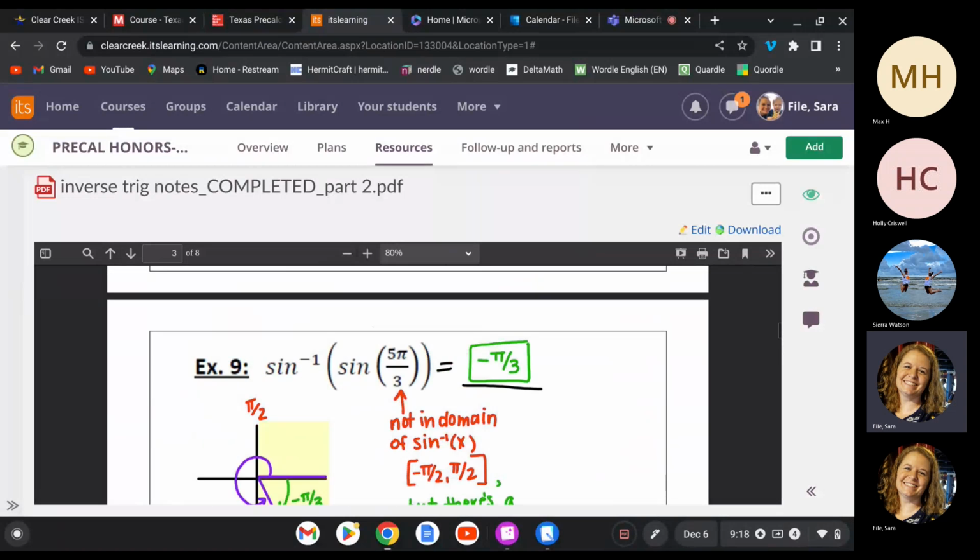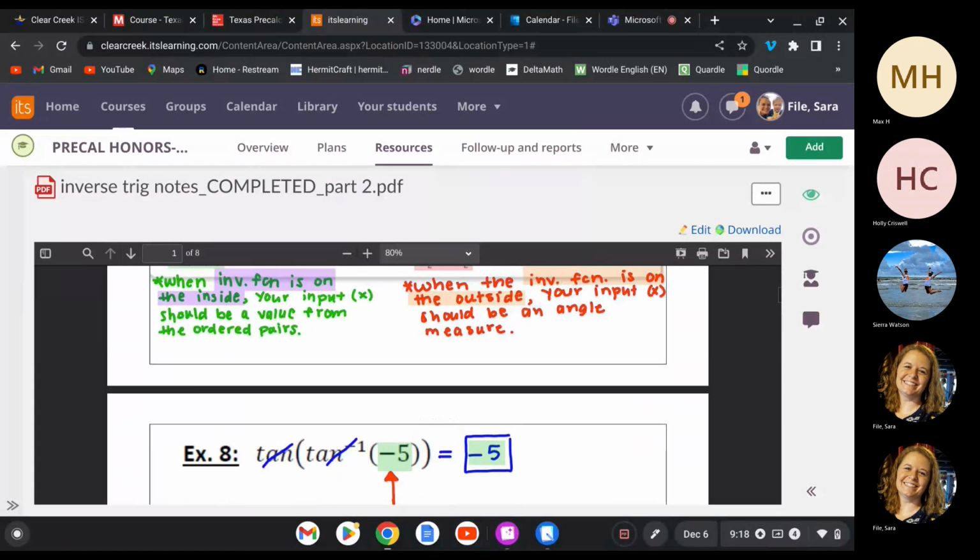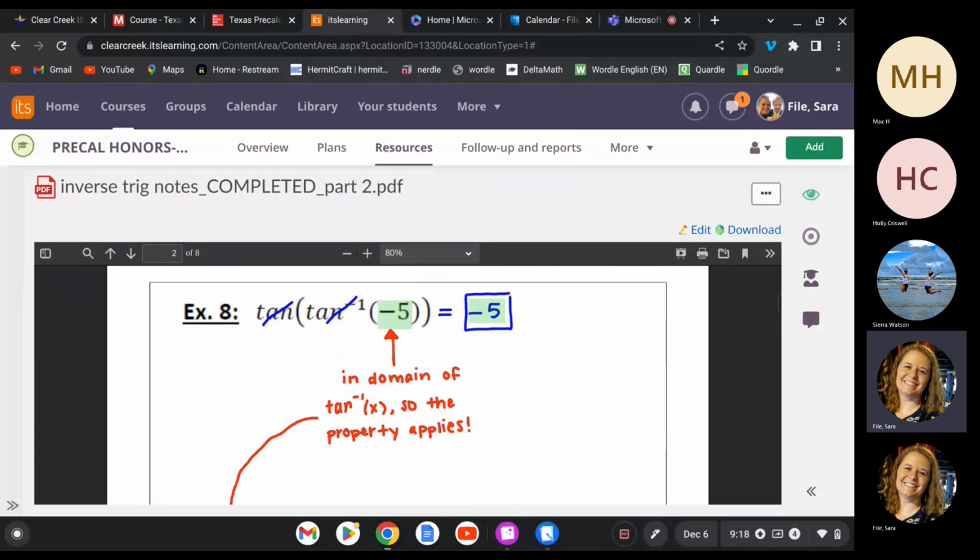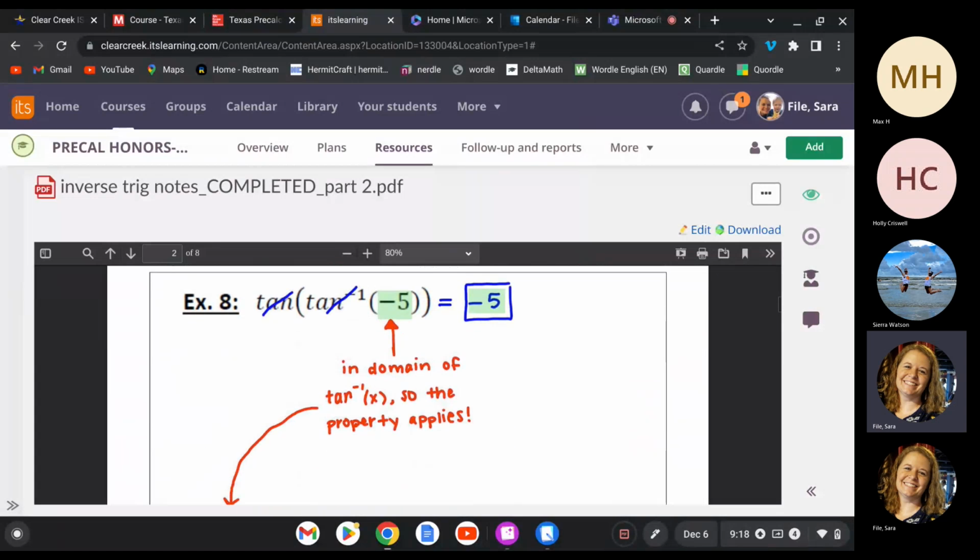Trying to think, I think those might have been the only ones. So here's one where it does work, like tangent of inverse tangent of -5. Luckily, inverse tangent's domain is all real numbers. So that -5 falls in that category, so you are able to just cancel those values out and you have your answer.